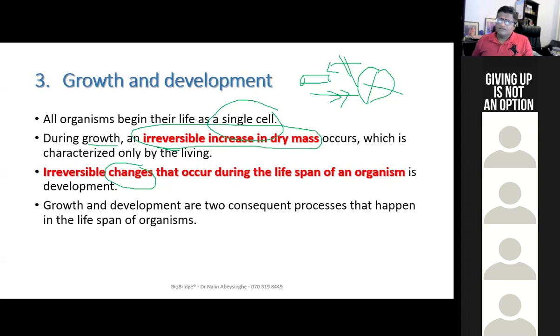So this tube of heart should develop. You can see it's enlarged. That is growth. It should grow while it is being divided into 4 chambers. That is called development. It's two consequent processes.